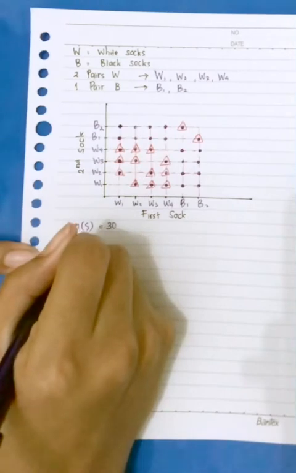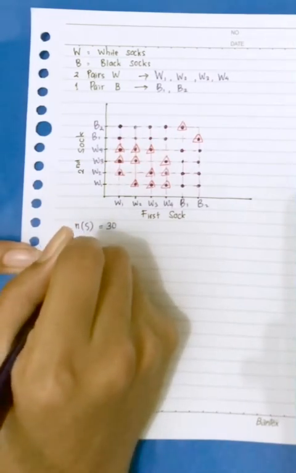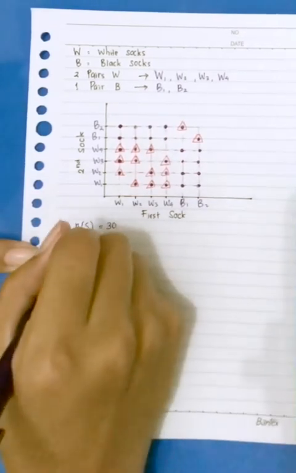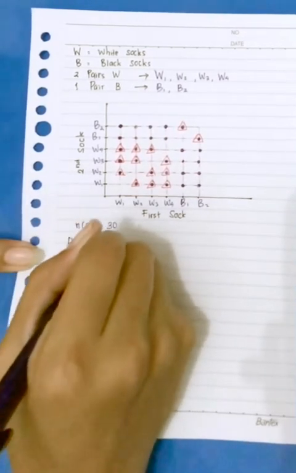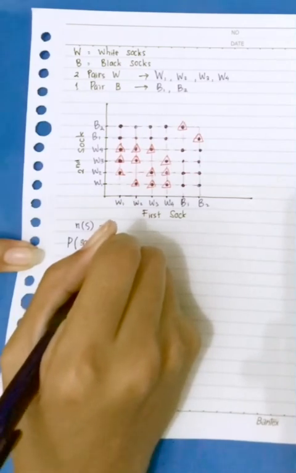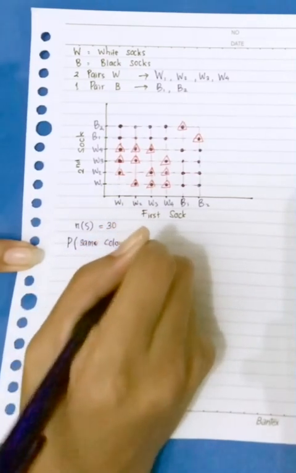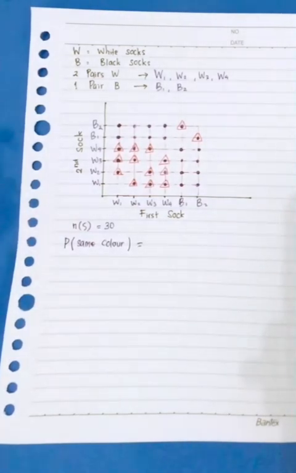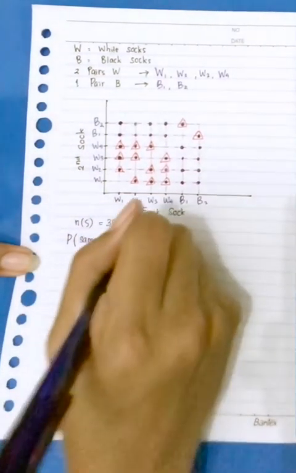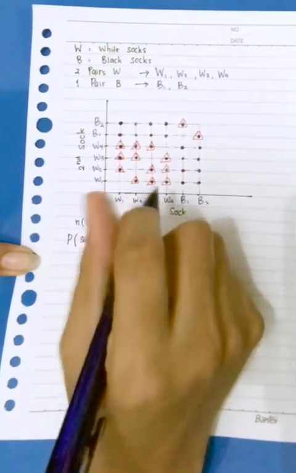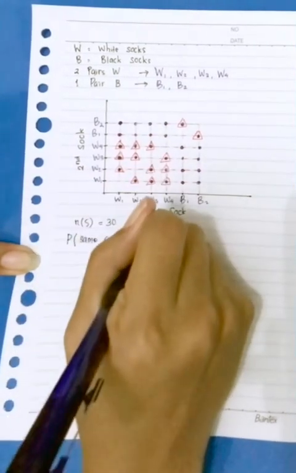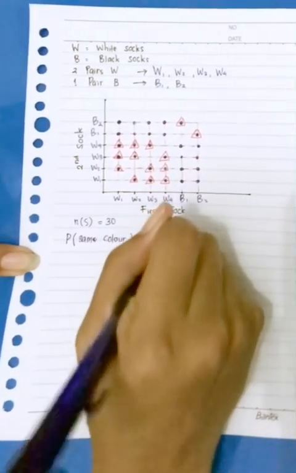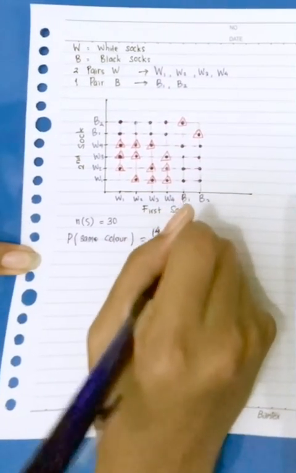So the probability that the two socks drawn are of the same color is 14 out of 30. So it is 7/15.